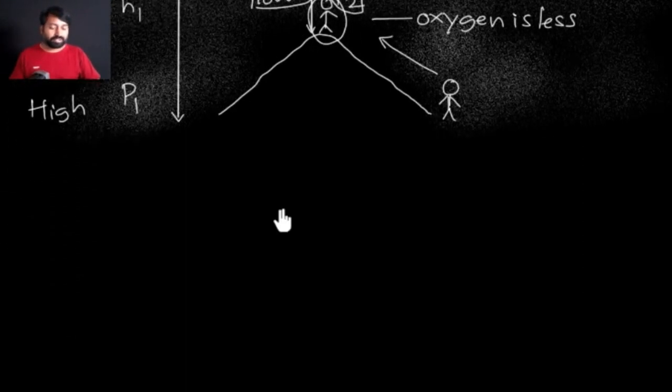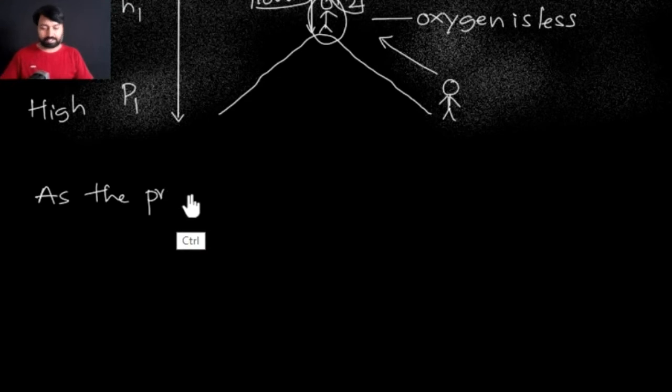Let me write that point. Let me write a particular term here: partial pressure. Partial pressure is the pressure of an individual gas. Pressure may be a generalized term, but if I use partial pressure, it means the pressure of a particular gas, for example the pressure of oxygen gas or the pressure of carbon dioxide gas.